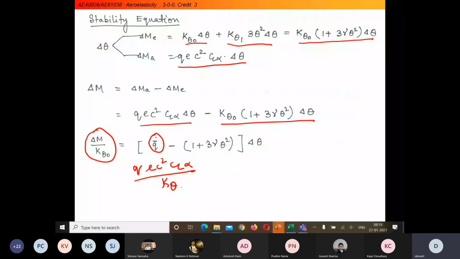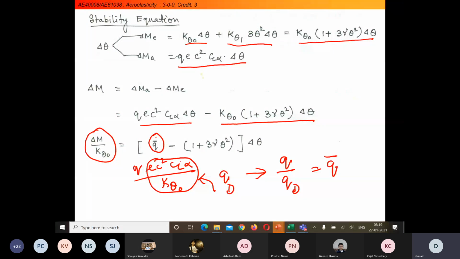In this case, as I have taken the aerodynamic moment here, if it is less than or equal to 0, then only the system will be stable. So delta M less than or equal to 0, or in another way, q bar is less than or equal to 1 plus 3 gamma theta square.